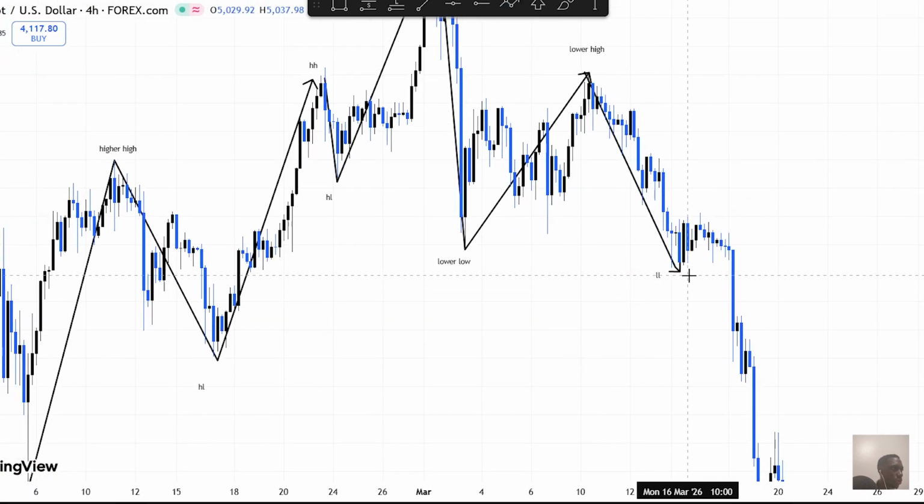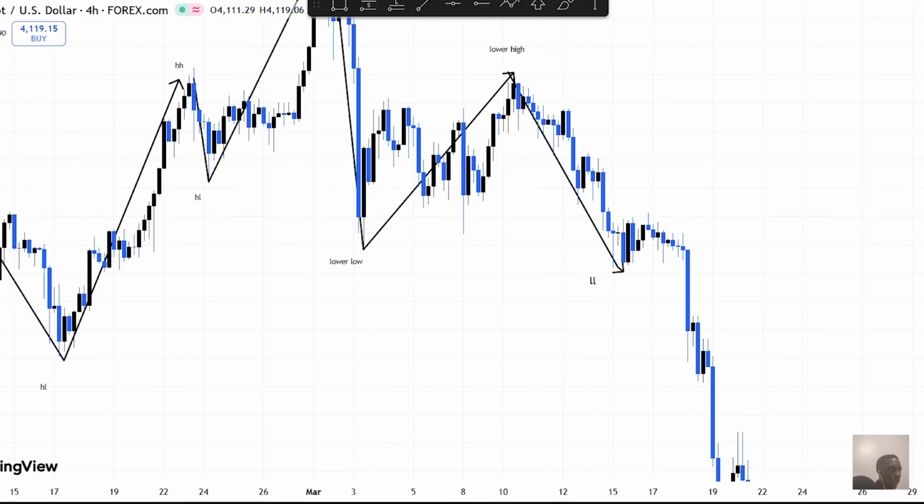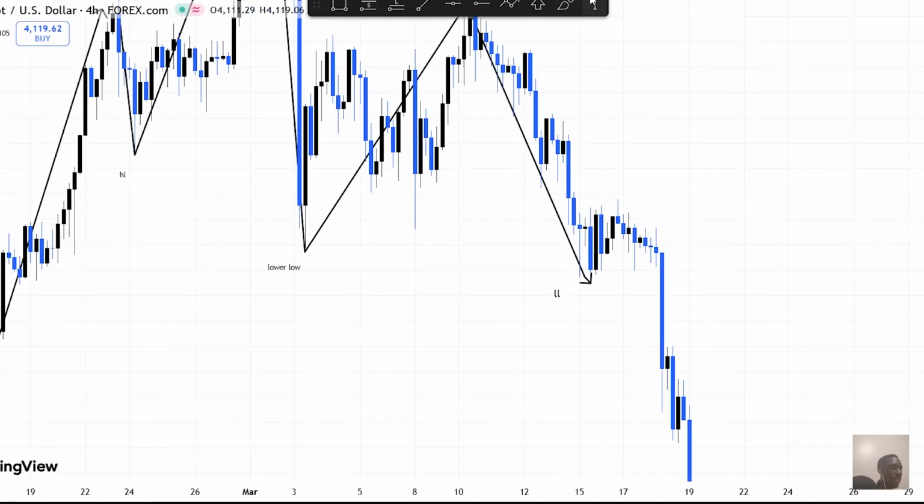Price gives us a lower low, LL, which stands for lower low, and then comes back up again here.